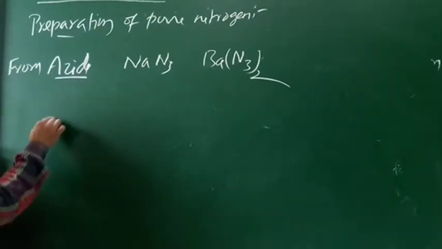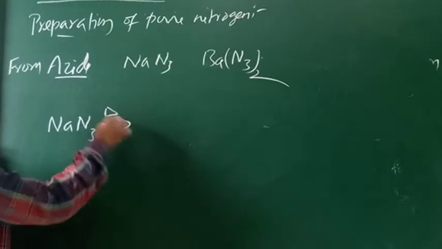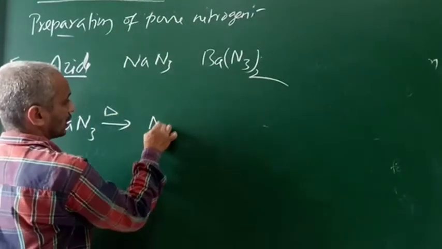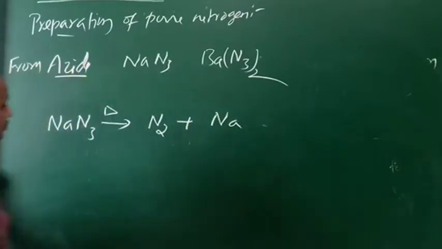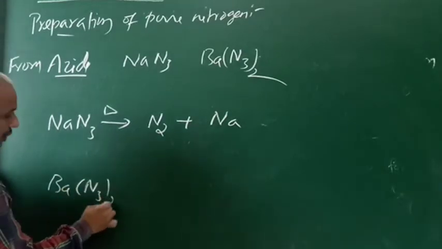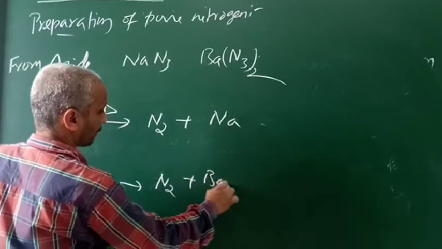What do you do? Sodium azide, you heat it. I am going to get N2 along with Na. Barium azide, you heat it, I am going to get N2 along with barium.